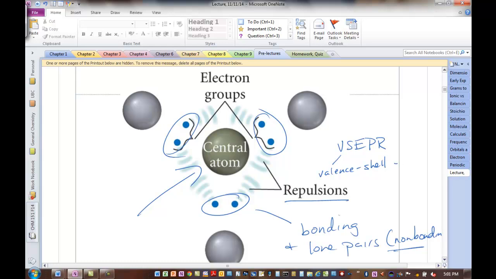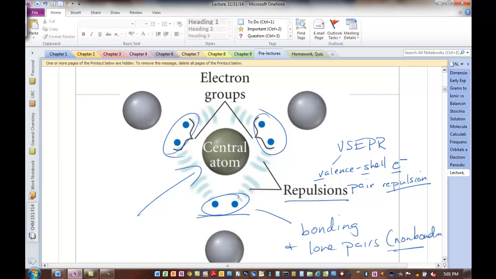We know the Lewis model is an electron pair model, right? And then the key to this theory is repulsion. So there's nothing new so far. We already knew that the Lewis model was a valence shell electron pair model.